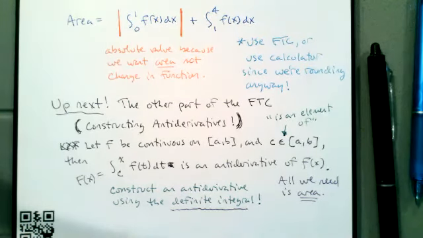That is the dope part of this second part of the fundamental theorem of calculus. It allows us to construct an antiderivative using the definite integral. Since the definite integral can just be approximated with area, all we need to construct an antiderivative is area.